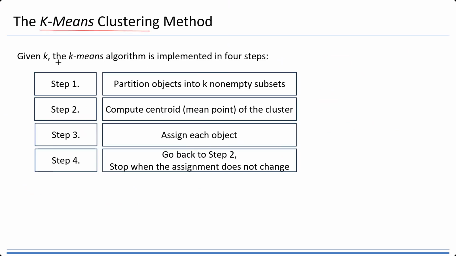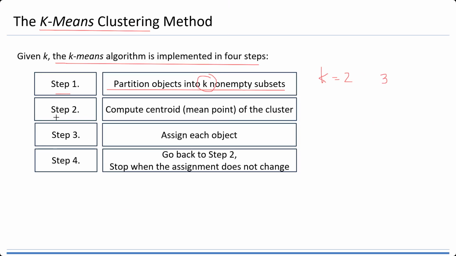The algorithm is implemented in 4 steps. The first is to partition the objects into k non-empty subsets. K is any number. If k equals 2, then we want to make it into 2 groups. If k equals 3, then we want to make it into 3 groups.